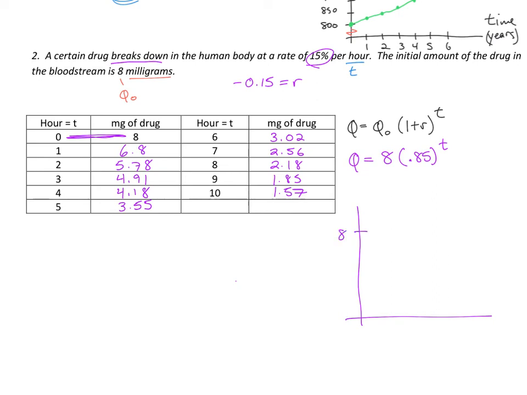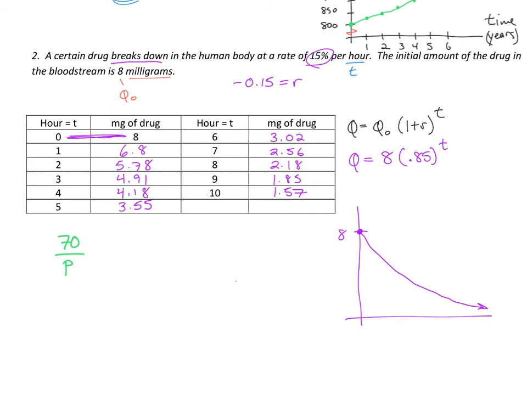So I'm just going to call this 8, jump up here, call this 8, and it will be decreasing as time moves on. And I wanted to bring back just one last time the rule of 70 here.